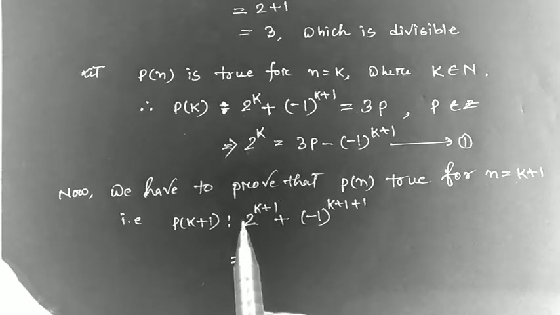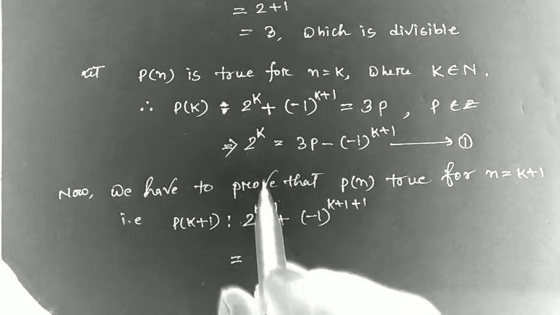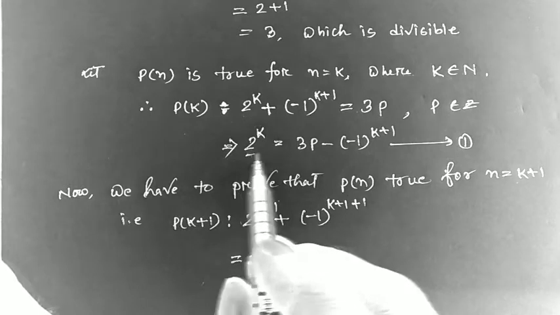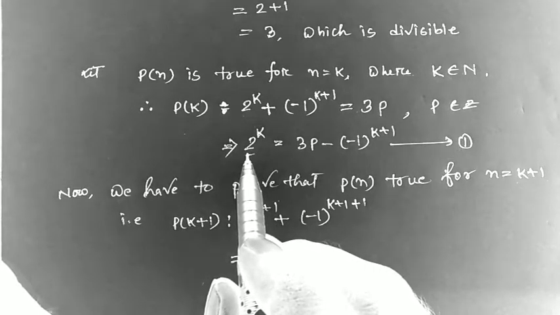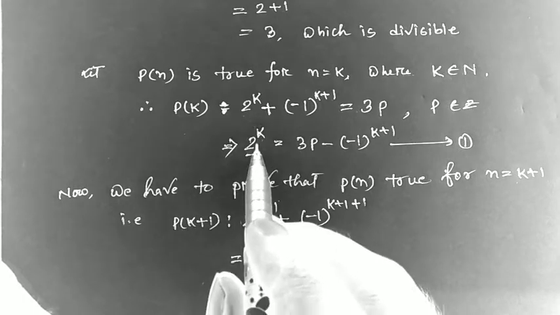So in every sum, in this third step, we will break the first term in such a way that we get this number on the left hand side. In equation 1 we have 2 to the power k, so we have to break this so that we get 2 to the power k.